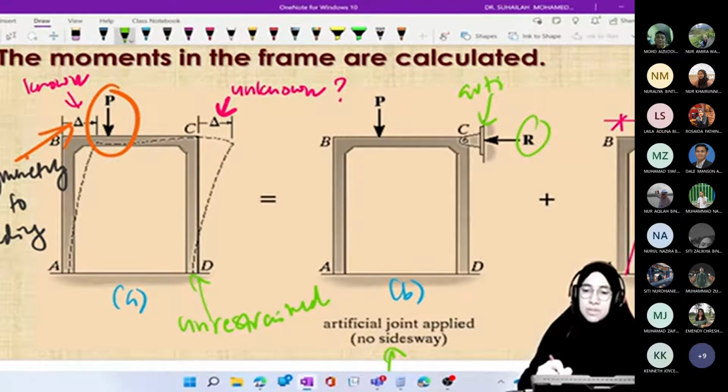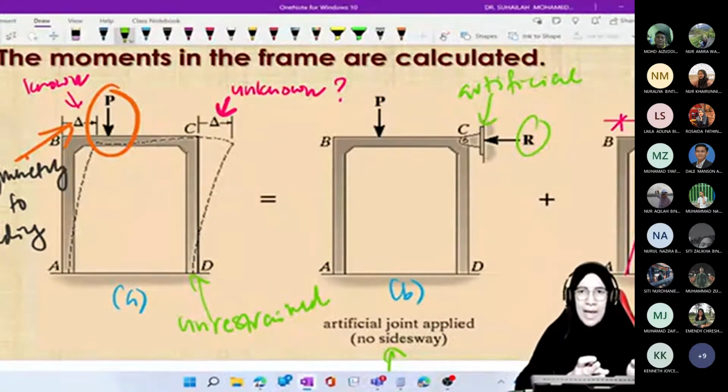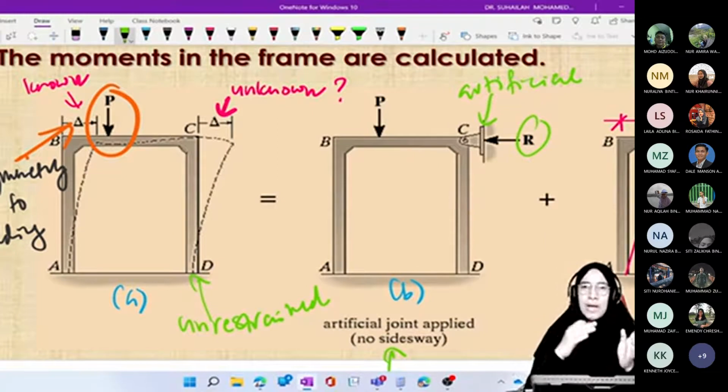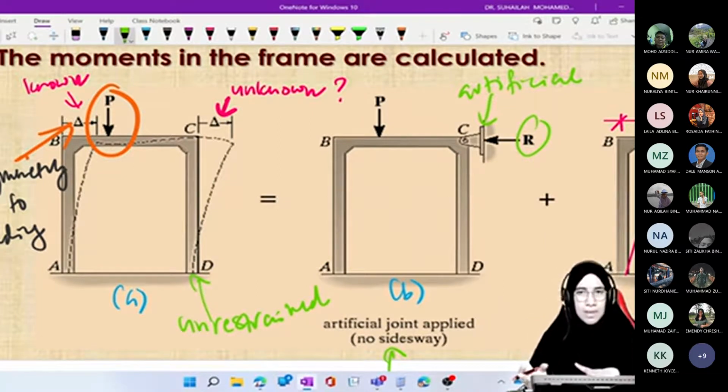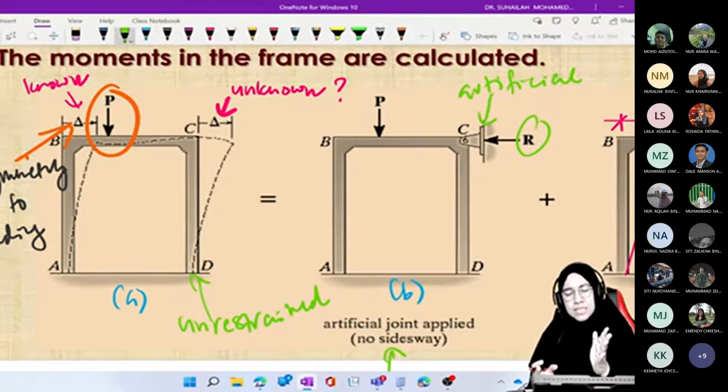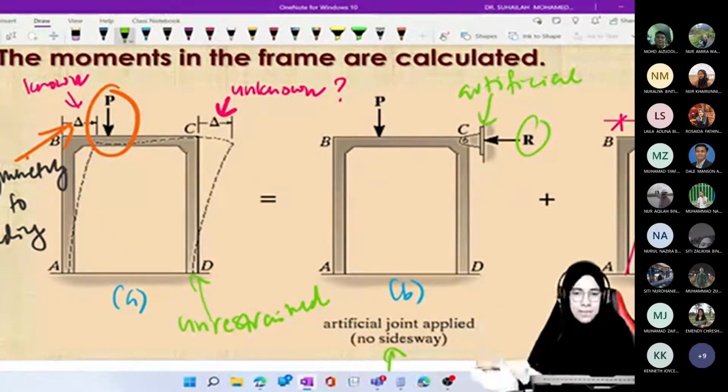By putting this pin at position C, we know that the frame at A tends to move to the right direction, so we have to put a support at C so that it acts like a wall and the frame cannot move to the right.